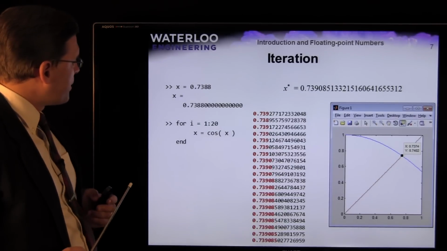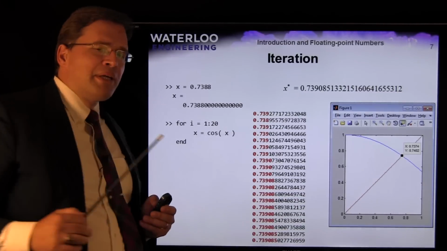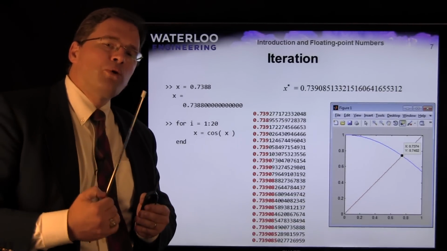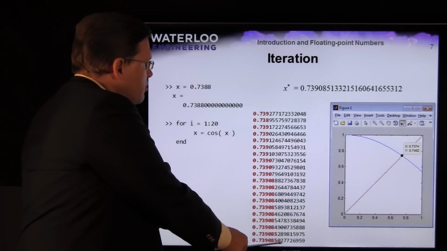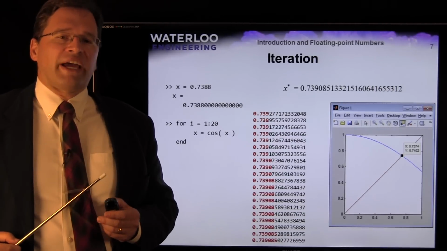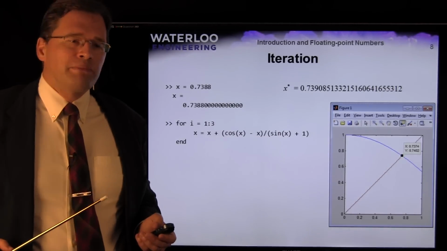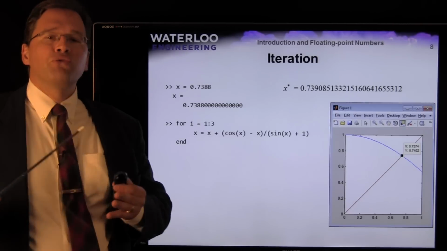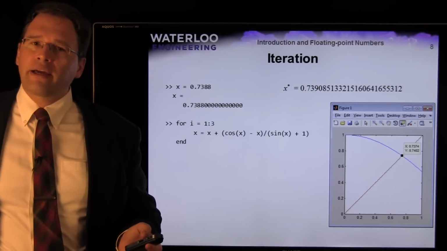You'll see that after 20 iterations, yes, we slowly appear to be converging. We get more and more digits of precision that are getting closer and closer to the solution x is equal to cos of x. However, there are other numerical algorithms as well. For example, if you reinterpret the problem as a root finding problem, then you can apply Newton's method.